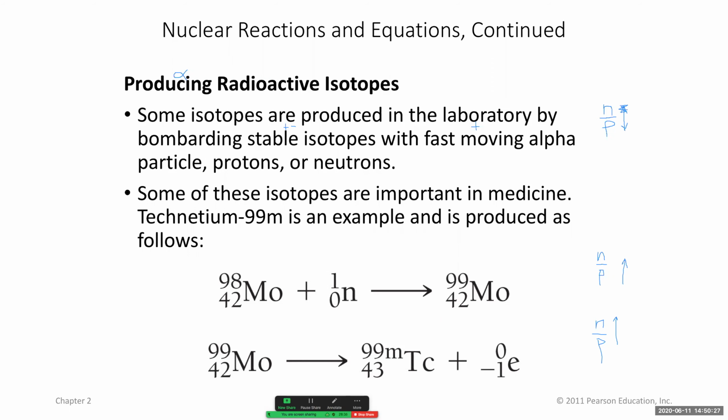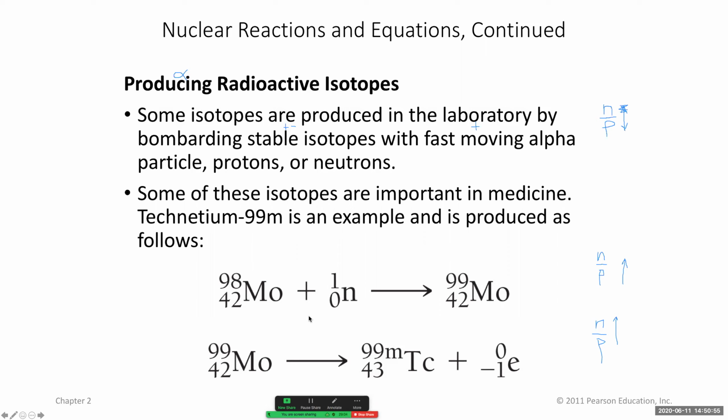So here's some other kinds of nuclear reactions. This isn't a radioactive decay reaction. This is a subatomic particle capture reaction. Oftentimes you can bombard an element with neutrons, and that element will change into another element.